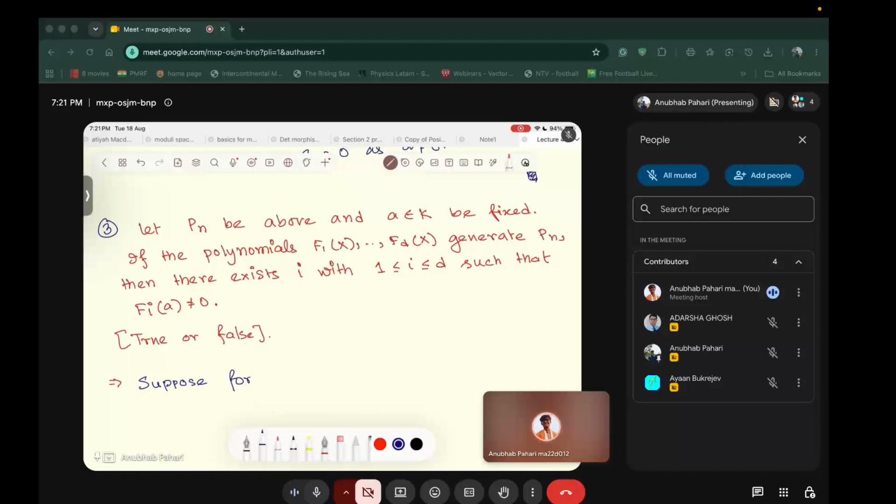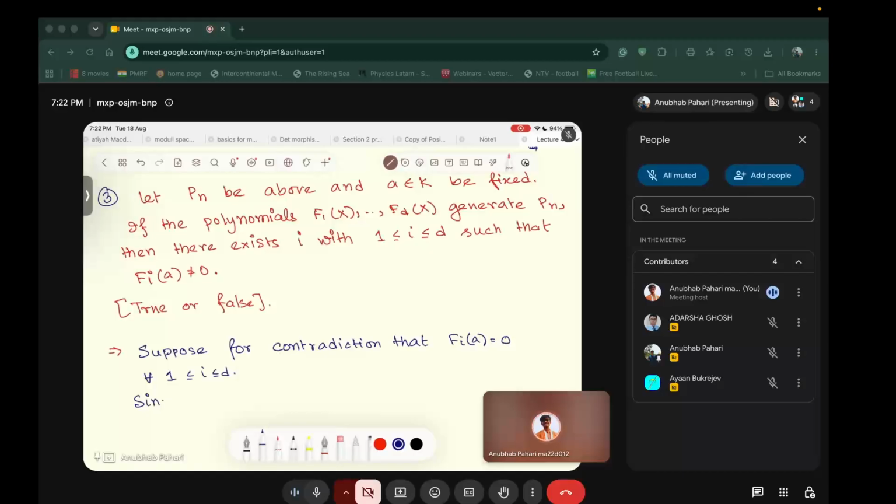Okay, so let us start with a contradiction. Suppose for contradiction that phi_i(A) is 0 for all 1 ≤ i ≤ d.